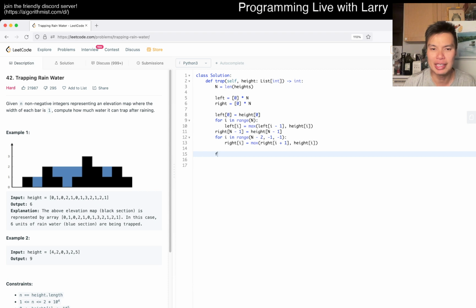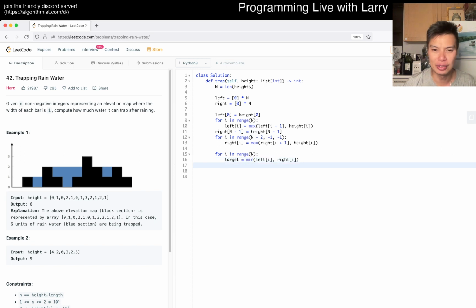So yeah, now we just look at each cell. The left border is equal to left sub i, and the right border is right sub i. So then min of left sub i, right sub i, right, is the targeted height, say.